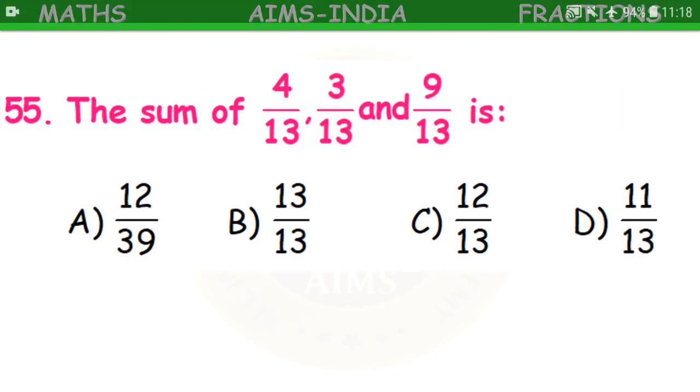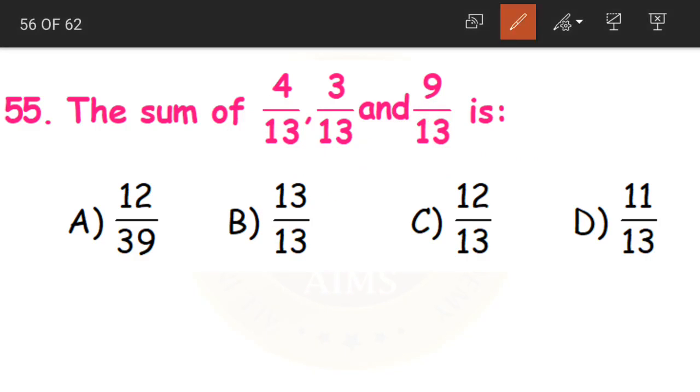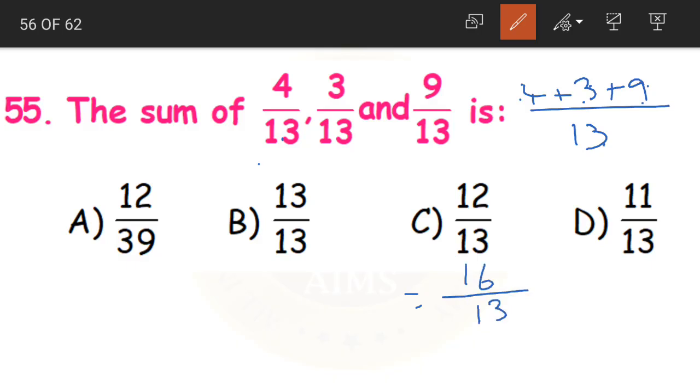Next question. The sum of 4 by 13, 3 by 13 and 9 by 13 is dash. Again we are having like fractions here, taking the common denominator and taking the sum of numerators. 4 plus 3 is 7, 7 plus 9 is 16, divided by our 13, that is the denominator.